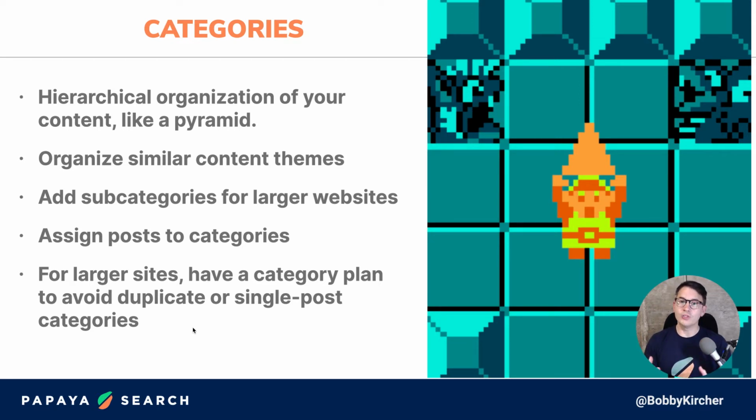I think it's important to understand that they're actually used in different ways. Categories are a hierarchical organization of content, kind of like a pyramid, so that you can organize content within a specific theme, and then break down lower down the pyramid into subtopics about that one particular topic.